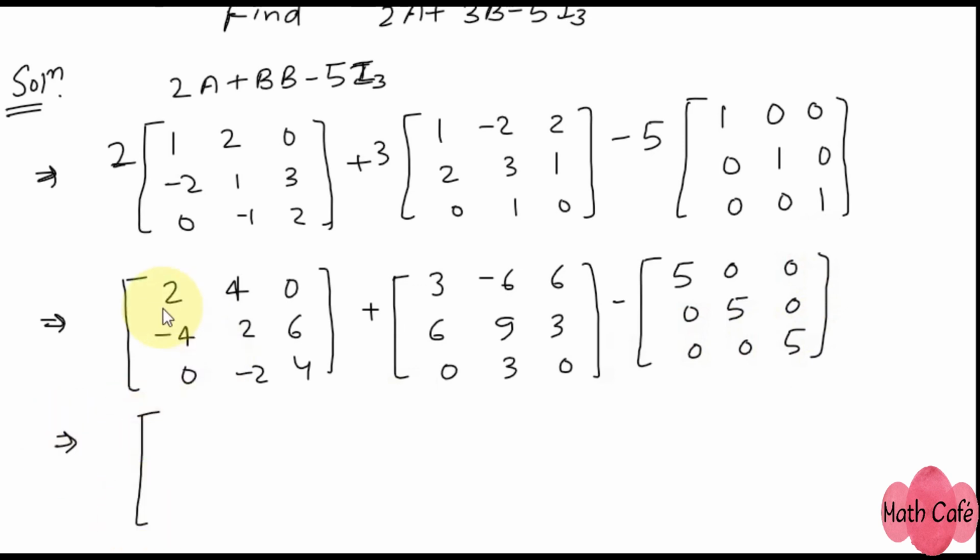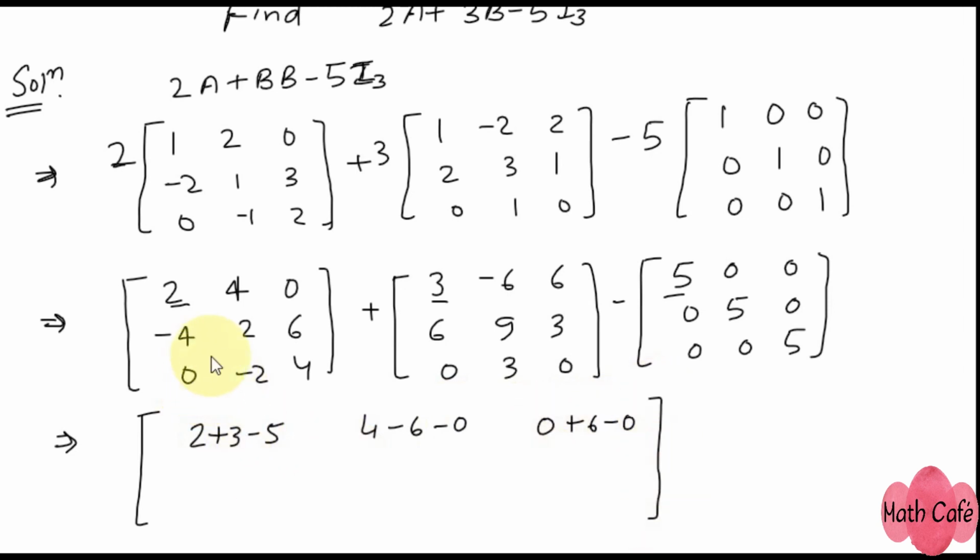I'm going to add or subtract each of the corresponding elements. So the whole matrix will become 2 plus 3 minus 5. So the first element will be 2 plus 3 minus 5, and the second element will be 4 minus 6 minus 0, and the third element will be 0 plus 6 minus 0.